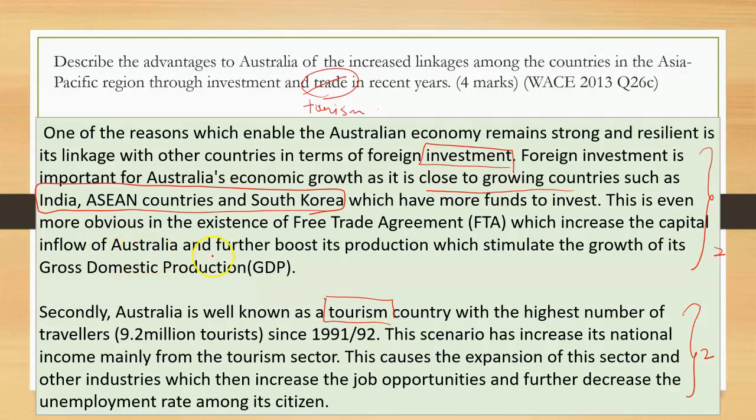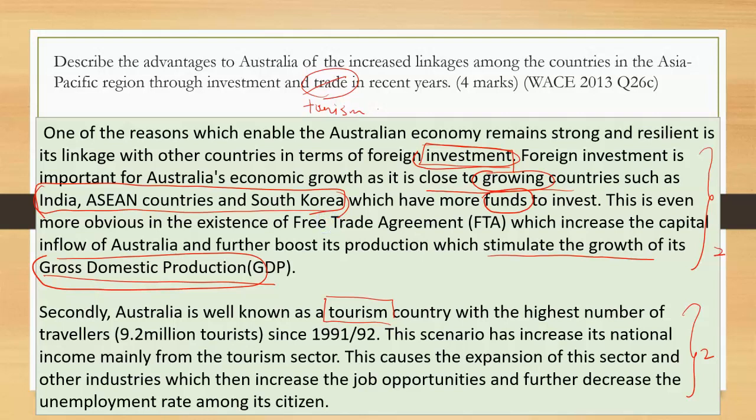This is even more obvious in the existence of blah blah blah, and how it benefits, stimulates GDP. So you have to tell the examiner how investment can benefit your country, because from having a relationship with a growing economy, they have more funds to invest, therefore your GDP can increase. All these keywords have to be there, and include an example.